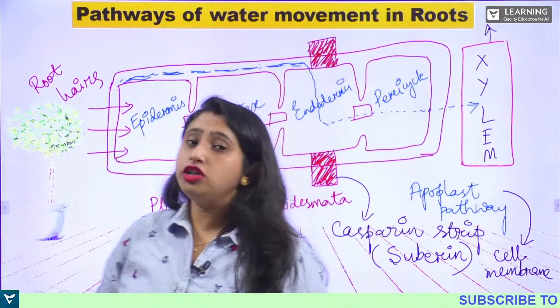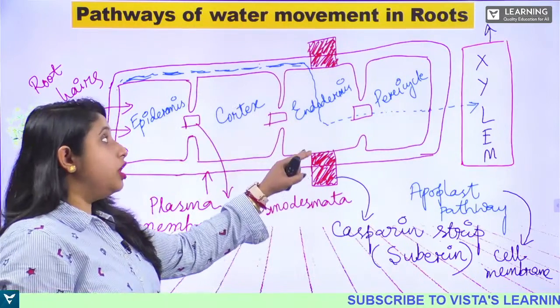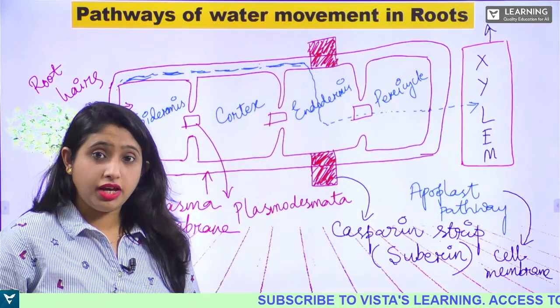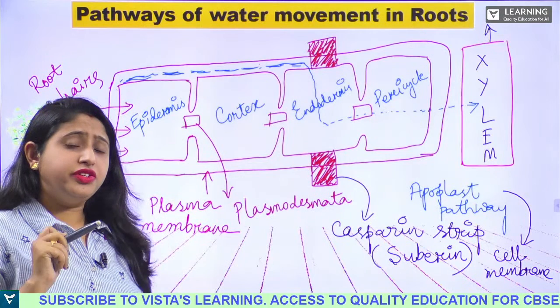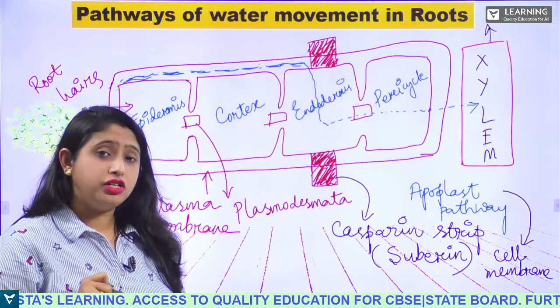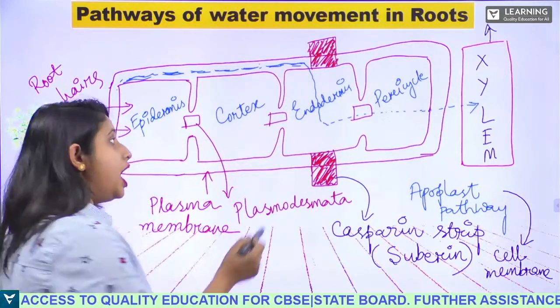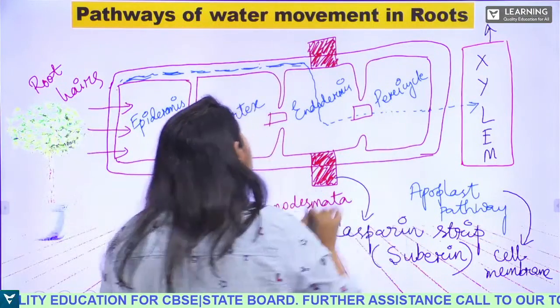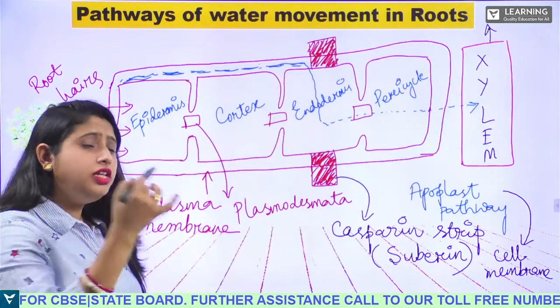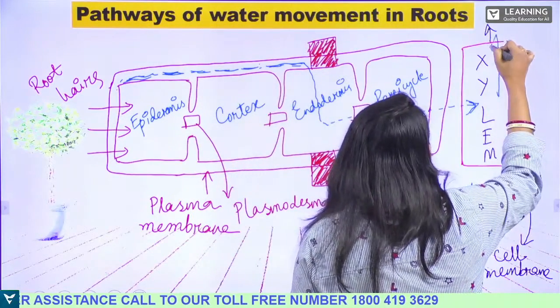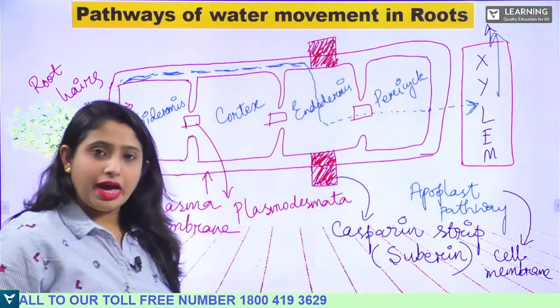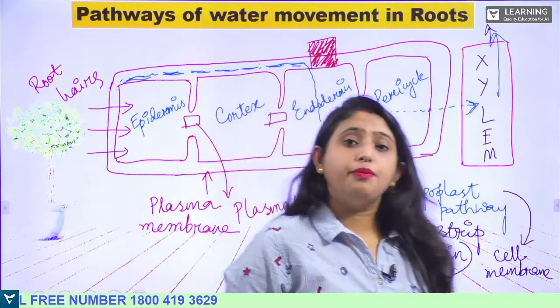After reaching the cortex, they cannot cross the endodermis because of the Casparian strip, so they need to enter the cytoplasm of the endodermis, then pass through the pericycle. Only then do they reach the xylem and get transported with its help. Is that clear?